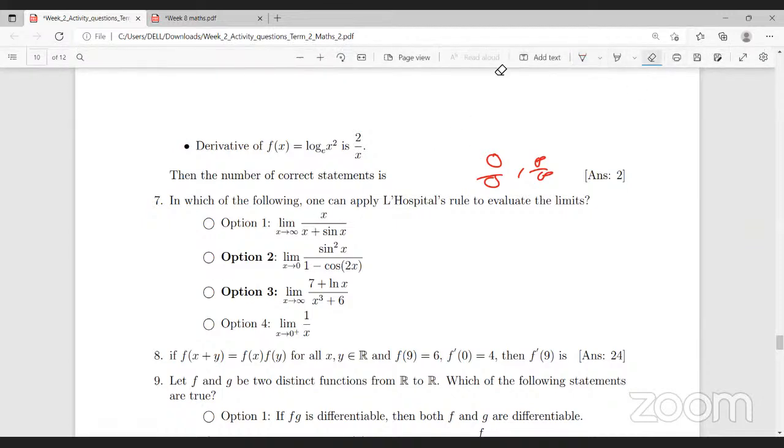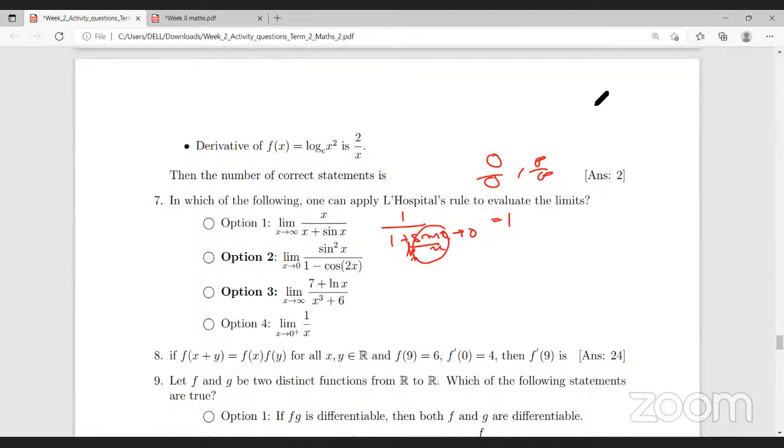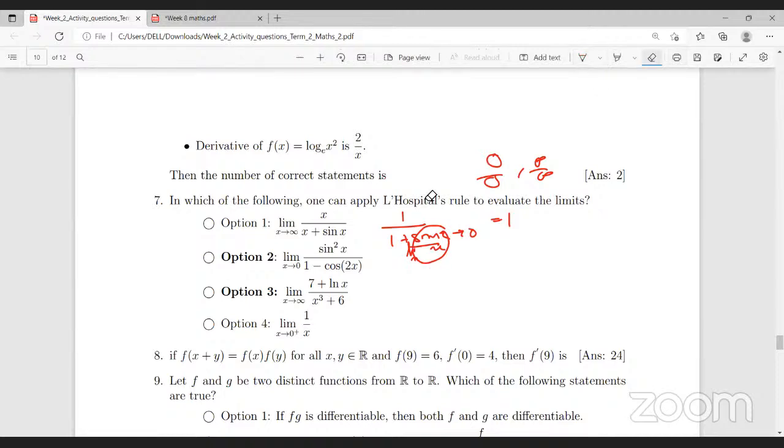The first option is also infinity by infinity, but it is not given as such. Just take x common. You can directly solve it, right? 1 plus sin, and the limit as x tends to infinity will be 0. So the answer will be 1. Same you can apply for options 2, 3, 4 also, right?